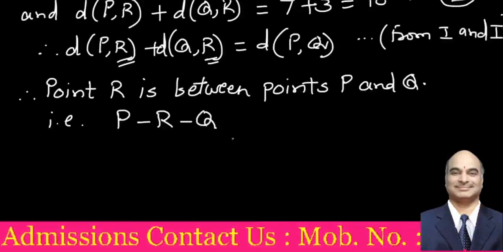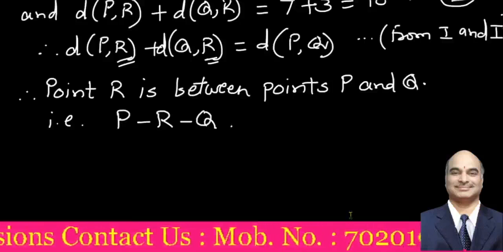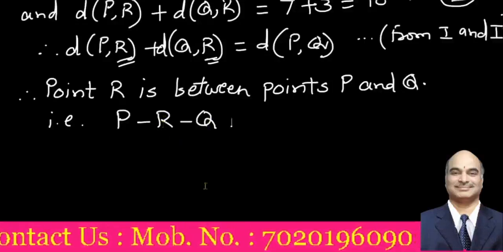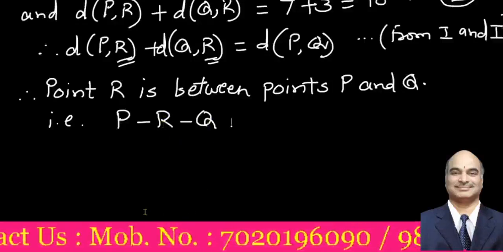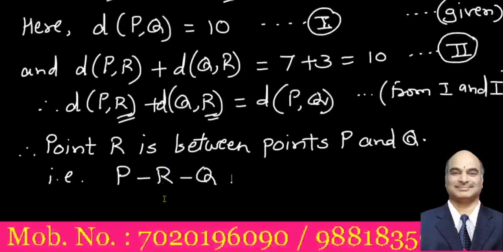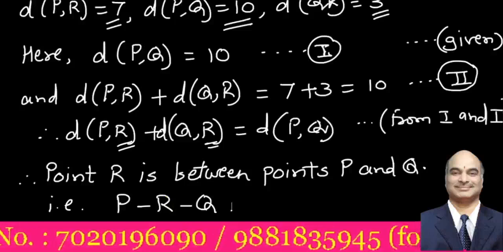In such a way we can also show the betweenness, meaning a point between any other two points. Yes, any question regarding this part? Purva, please write down this solution.